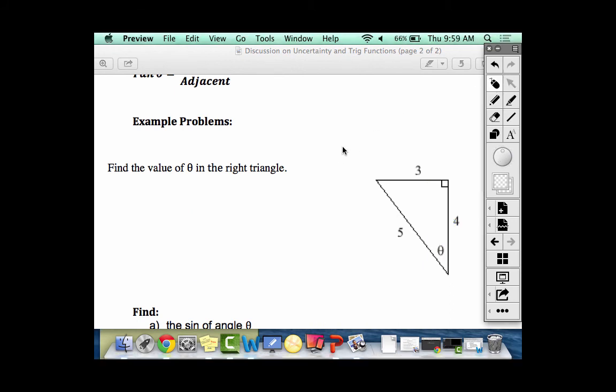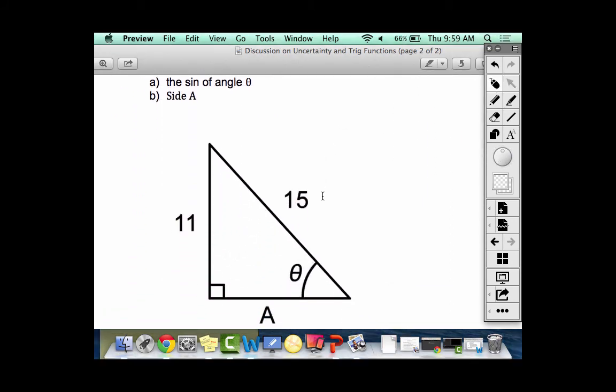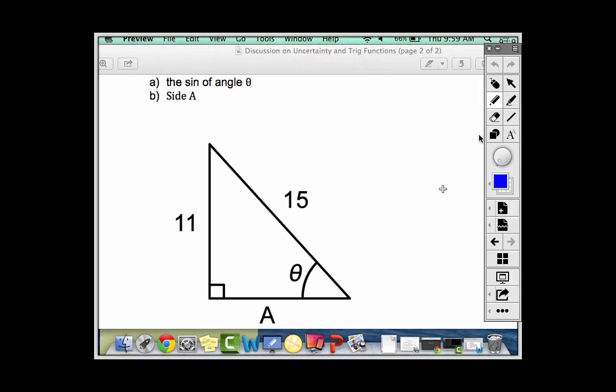All right, one more, and then we're off to the races. So I've got this triangle here. Notice I know 2 sides, and I have a side labeled A, and then there's theta. I'm going to first find theta, but there's really no reason why you have to find theta first in this example, but I'm just going to for the heck of it. What would be a good trig function for finding theta?